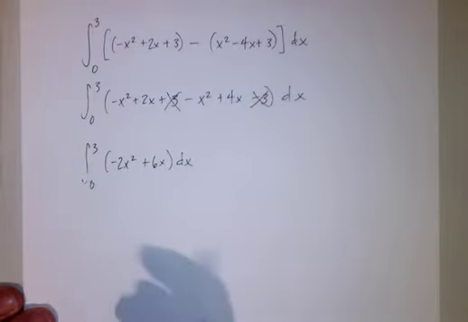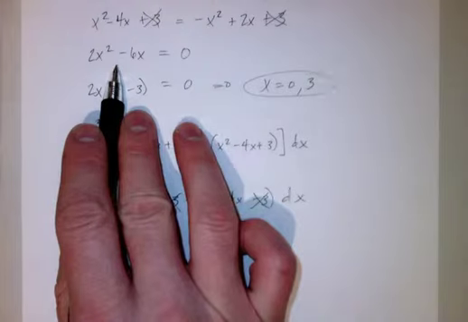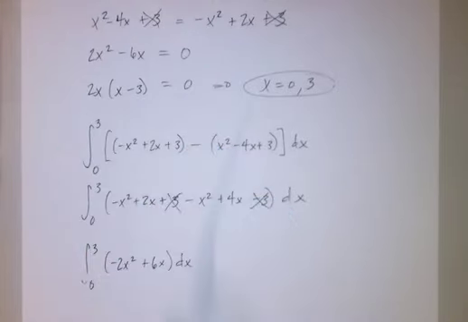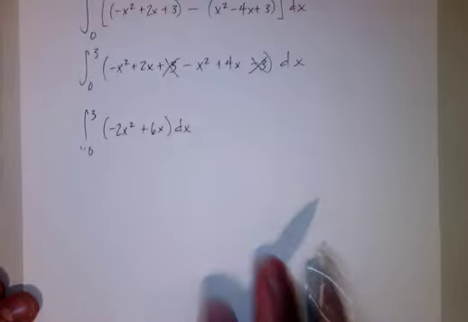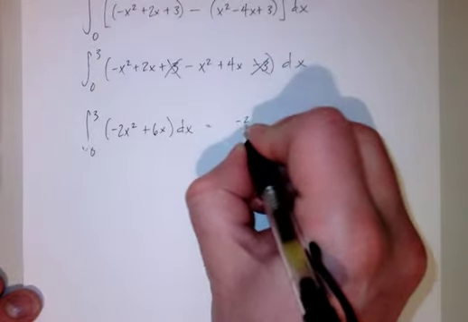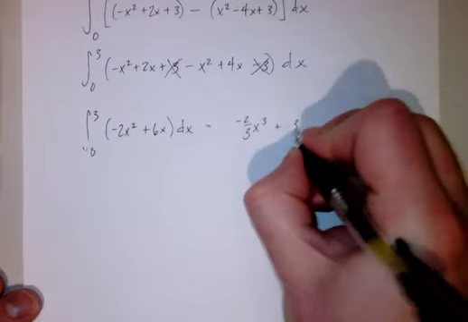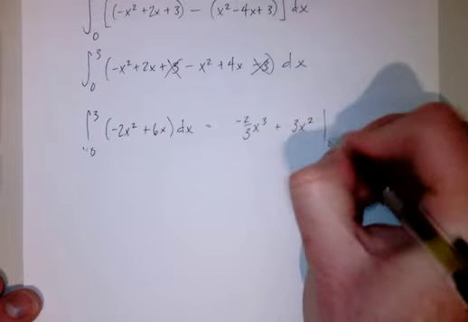And of course, that looks remarkably familiar. It looks like the negative of this intermediate step of finding the limits of integration. Interesting. So we have negative 2/3 x cubed plus 3x squared, and we're going to go from 0 to 3.